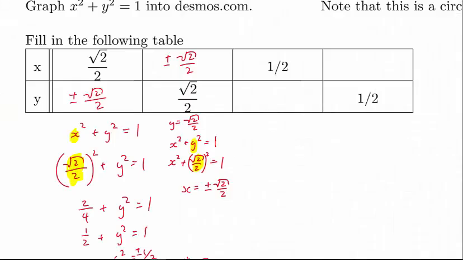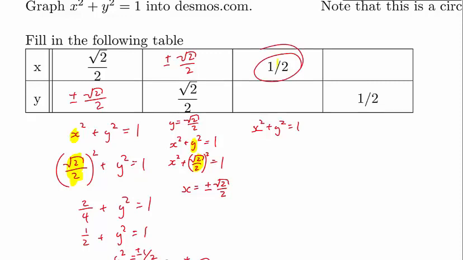Okay, now we're going to look at what happens when we have an x-coordinate of 1/2. And just like we did before, we're going to plug that into the equation for the unit circle. x squared plus y squared equals 1. And that again is the x-coordinate. We're putting it right there, so you plug it in, and we have 1/2 quantity squared plus y squared equals 1, just like this.